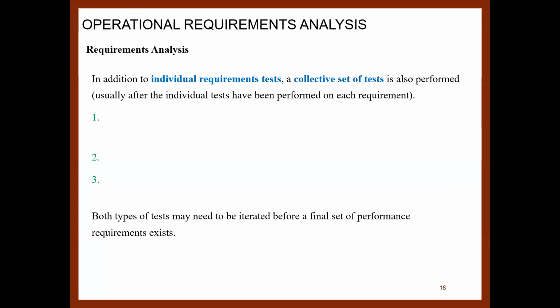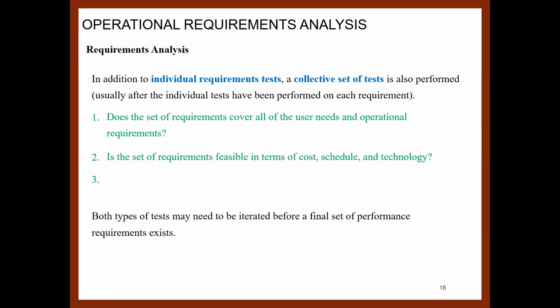In addition to individual requirements tests, a collective set of tests is also performed, usually after the individual test has been performed on each requirement. So for example, the first question that we can ask in terms of looking at the collective set is, does the set of requirements cover all of the user needs and operational requirements?